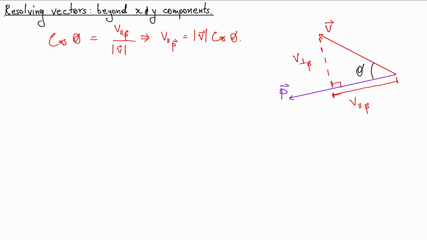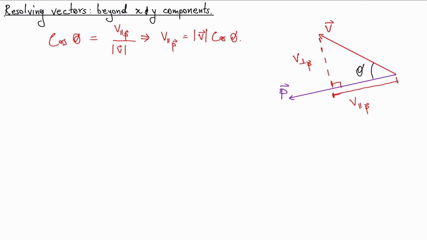Okay, so let's go ahead and find the component of V that's perpendicular to vector P. So basically this side, which is represented by the dotted line here, is opposite to this angle.